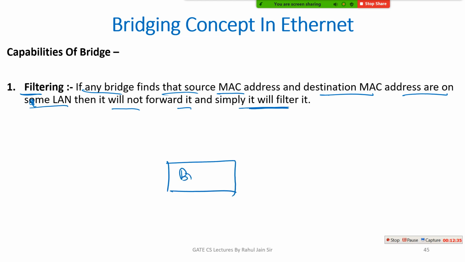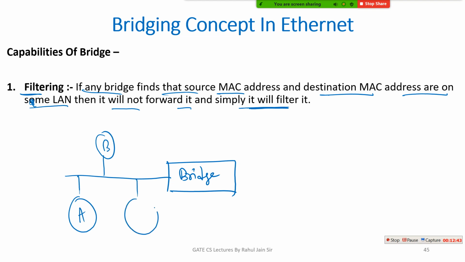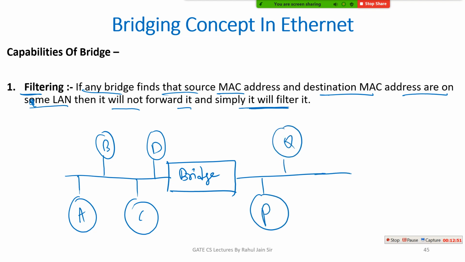Suppose it is my bridge. On one side, station A, station B, station C, station D are connected. On the other side, station P, station Q, station R, station S are connected.